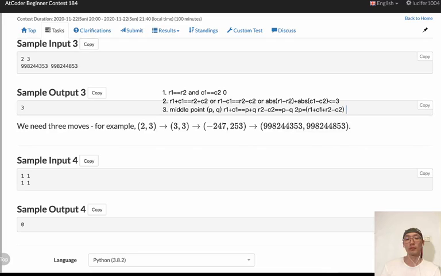So we know that P is an integer, so that means R1 plus C1 plus R2 minus C2 must be even. It cannot be odd. Otherwise, these equations do not have integer solutions.